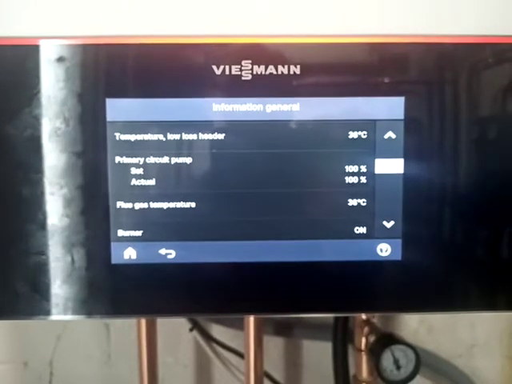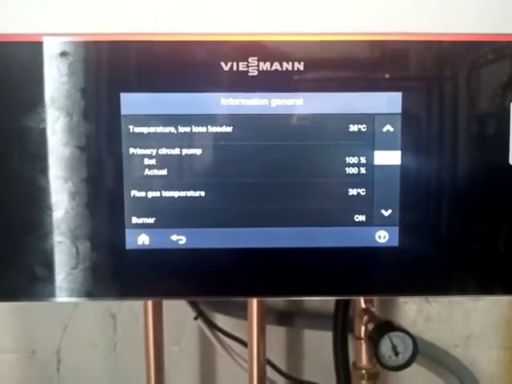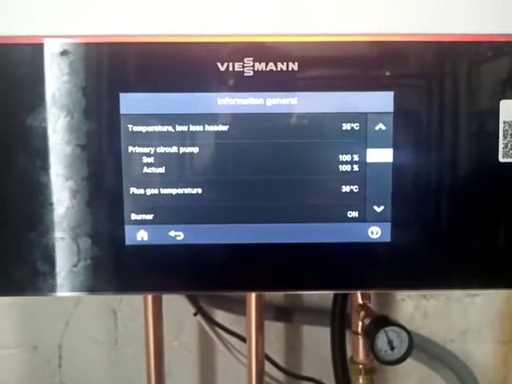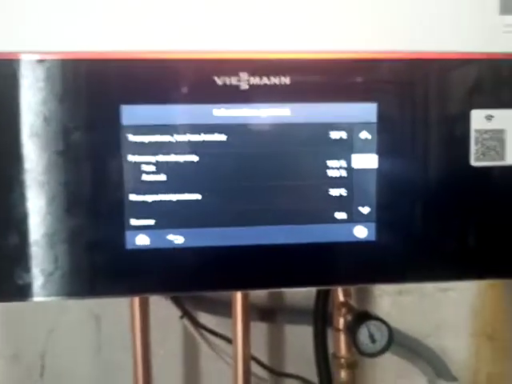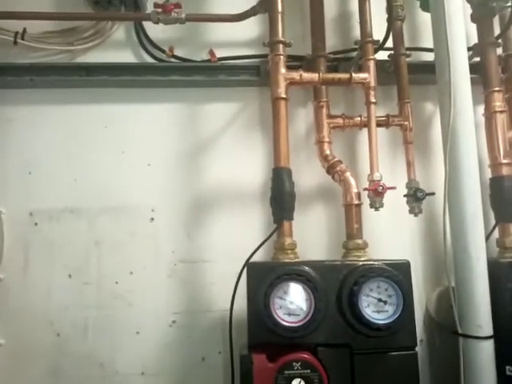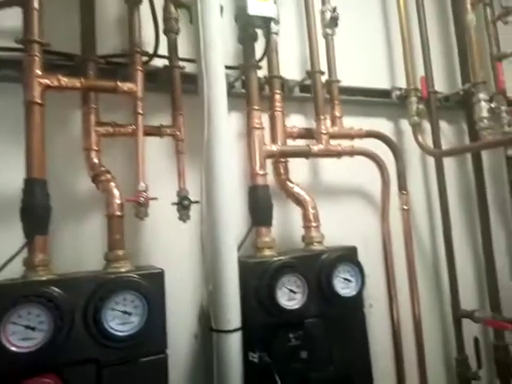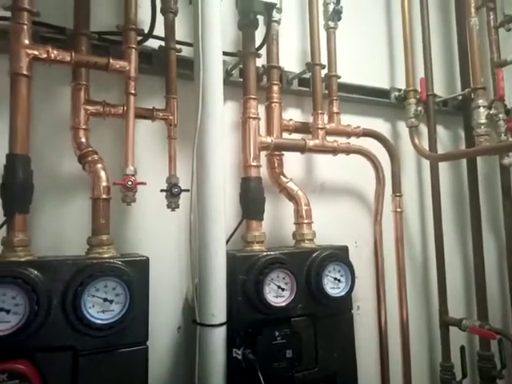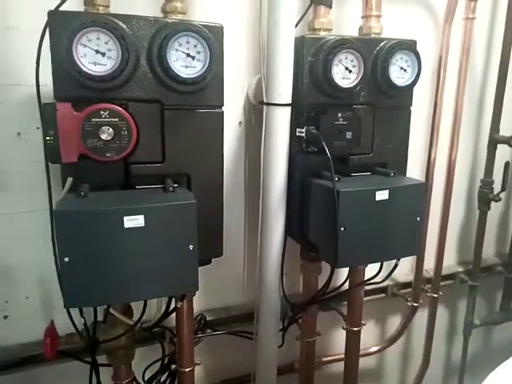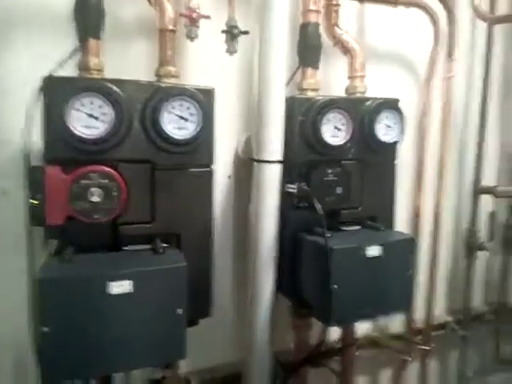So 35 flow on the boiler, 36 in the header. Quite interestingly, that's a bit of a strange reading. There may be a little discrepancy on the sensors, I guess. And then basically nothing going on in the radiator circuit. We're recycling heat. They're waiting for this to cool down, and we've got a slight input into the underfloor heating circuit. So I hope that helps, and I hope it's not too confusing.